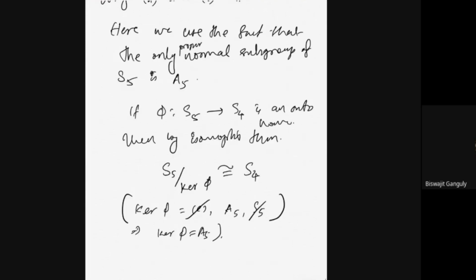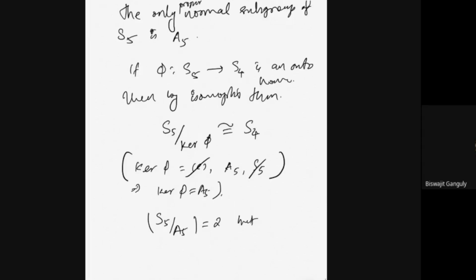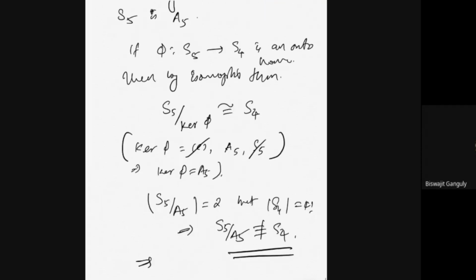Then the cardinality of S5 by A5 is actually 2, but the cardinality of S4 is 4 factorial. This implies S5 by A5 cannot be isomorphic to S4, so there does not exist an onto homomorphism.